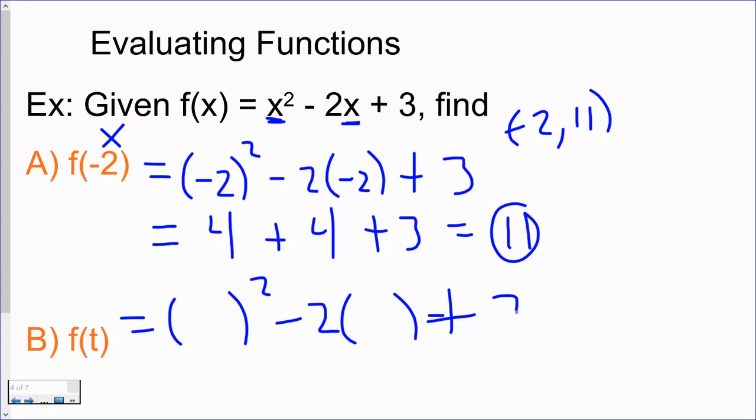And in place of that, I'm just going to put now a t. There's not much you can do here because t squared is just t squared, and then -2t, and then +3. There's not much I can do in that case.